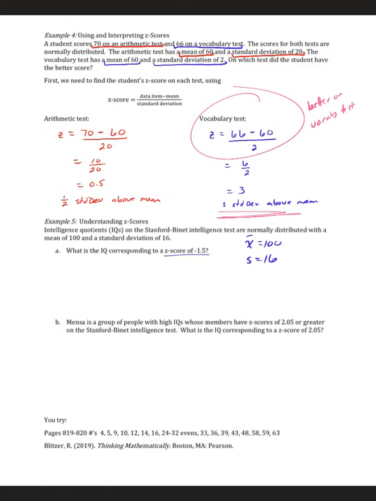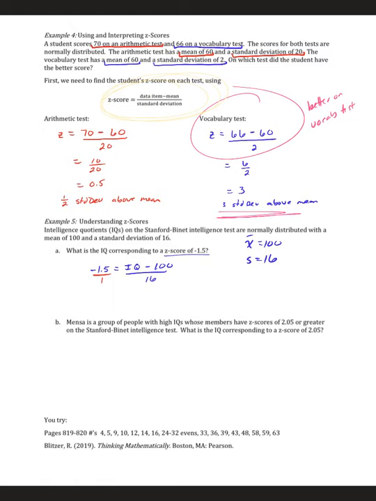We are going to be using the same formula again that we have been using. This time we know the z-score is negative 1.5, and we're setting it equal to the data item, which we're solving for, an IQ score here, so I'm just going to write it as IQ, minus the mean, which is 100, divided by the standard deviation. The easiest way to think of this problem is as a proportion. So if we put a 1 underneath that, we can simply cross multiply here.